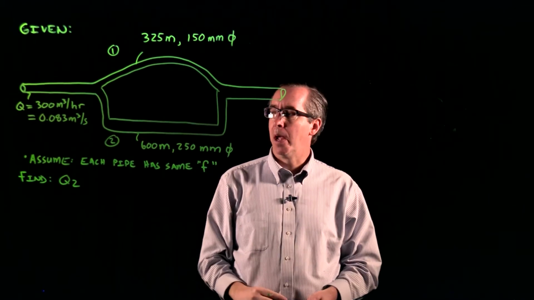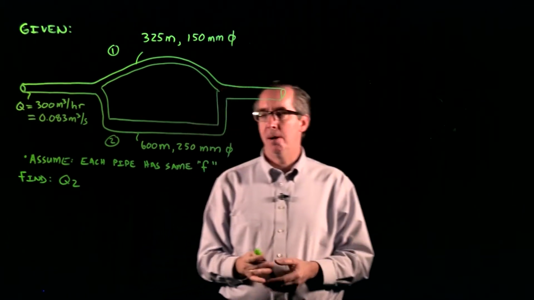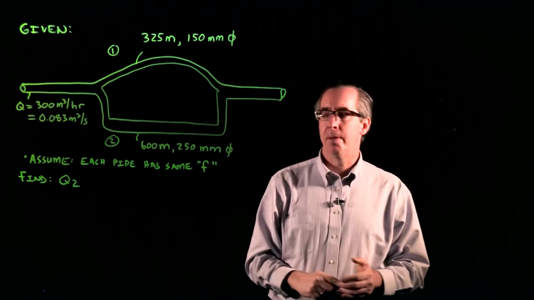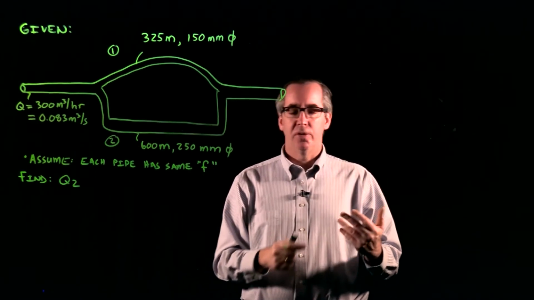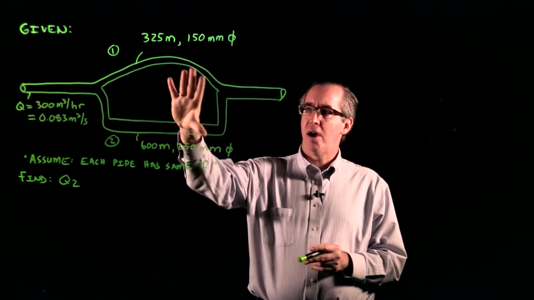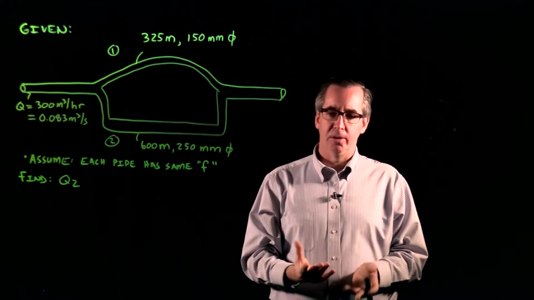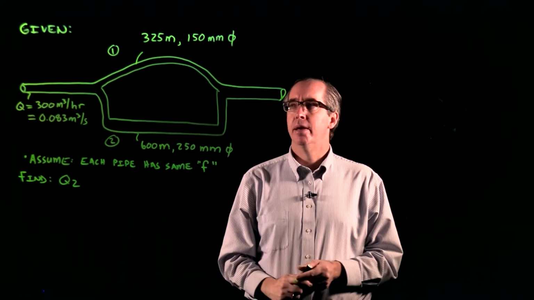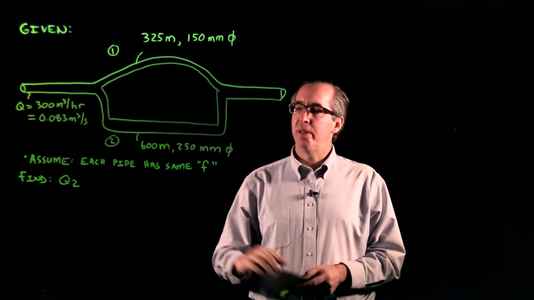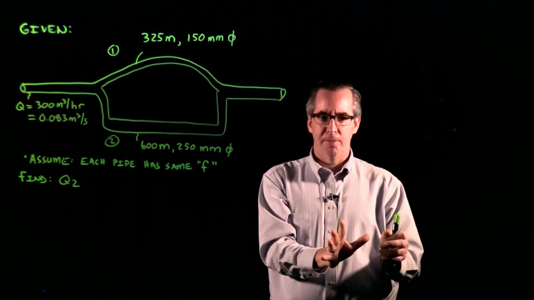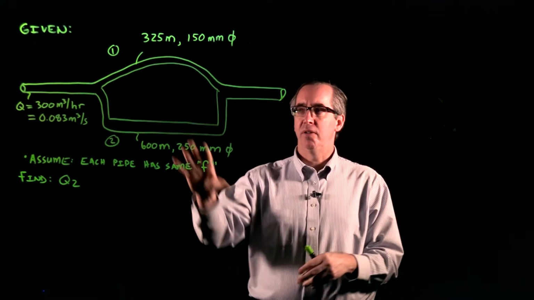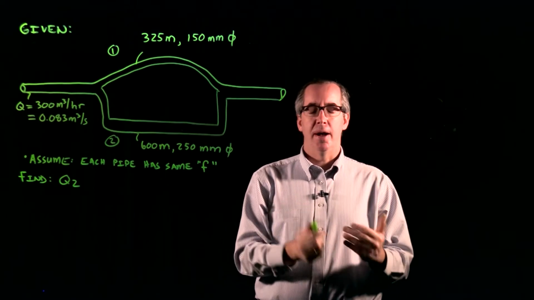A key assumption in this problem is that each pipe has the same friction factor. By doing so, we're basically saying each pipe is the same type of material, so it's either cast iron or PVC plastic or whatever it might be. And when you go through and do the Reynolds number and the relative roughness and get the friction factor, those friction factors are going to be about the same.